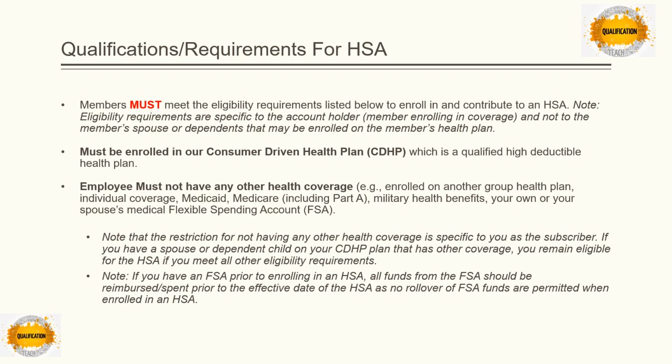If you have or had an FSA, flexible spending account, prior to enrolling into the HSA, all funds from the FSA should be spent before enrolling in the HSA. And lastly, you, the subscriber, cannot be claimed as a dependent on any other person's tax return.